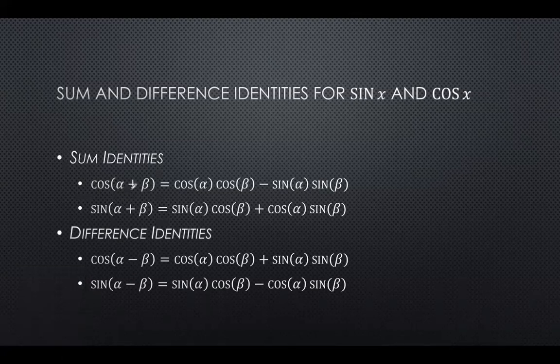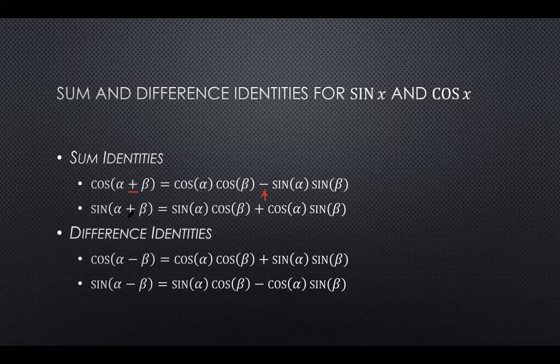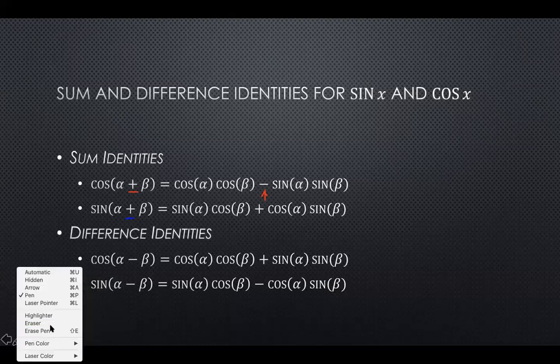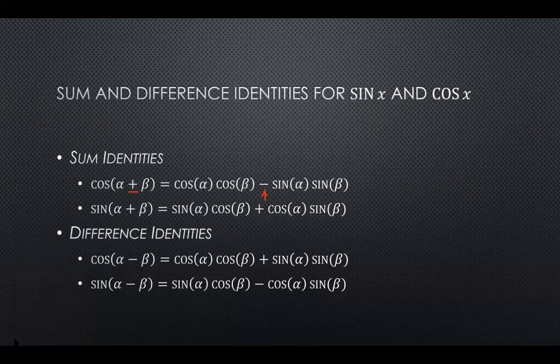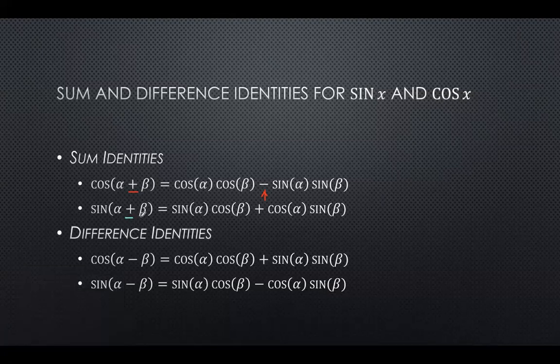One trick for memorizing these identities: for cosine, when you have the sum, it becomes a difference. For sine, when you have the sum inside, it stays as the sum.